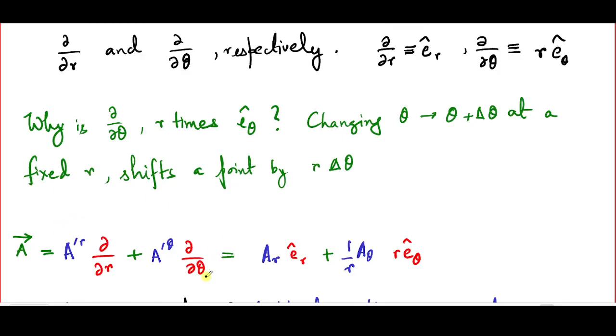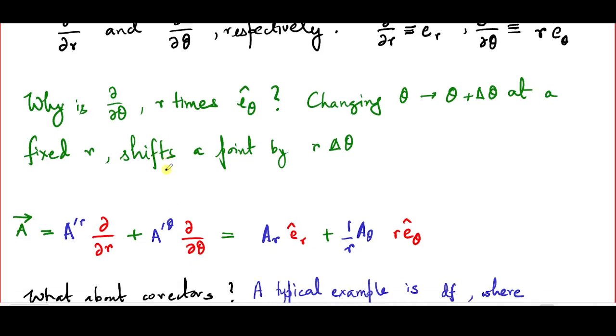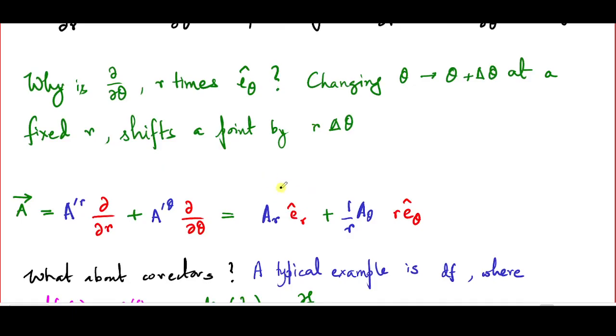Now notice that if I use a prime r and a prime theta as my components and del r and del theta as the basis vectors, this is what our overall vector should be: a prime r times del r plus a prime theta times del theta. Notice that a prime r we have already seen is a_r, the radial component that we usually have seen. Del r is the same as e_r.